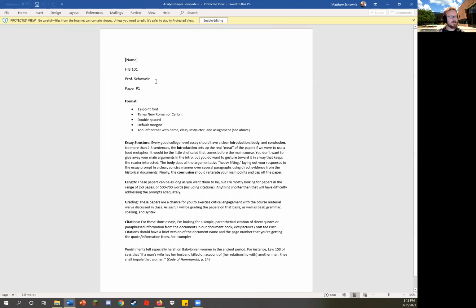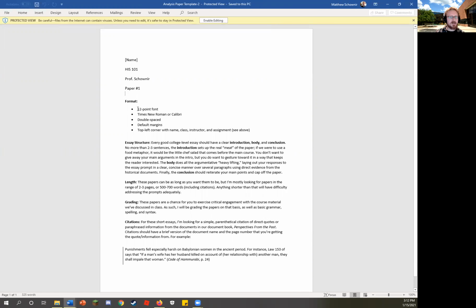The analysis paper template is basically the format of the page that I want. In the top left, we have your name, the class, History 101, the instructor, that's me, Professor Schoner, and then paper number 1, or number 2 or 3, whatever you're working on. In this case, it's paper number 1 because it's your first one.